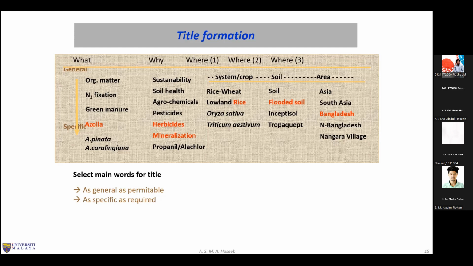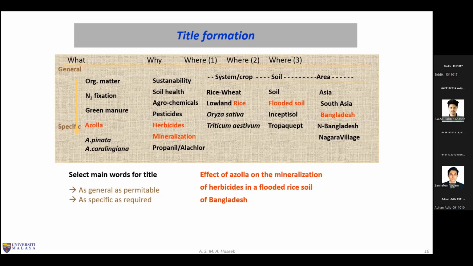And by using all these, and also taking into consideration that our words should be as general as permissible, as specific as required, then let's try to write the title. Effect of Azolla on the mineralization of herbicides in a flooded dry soil of Bangladesh.